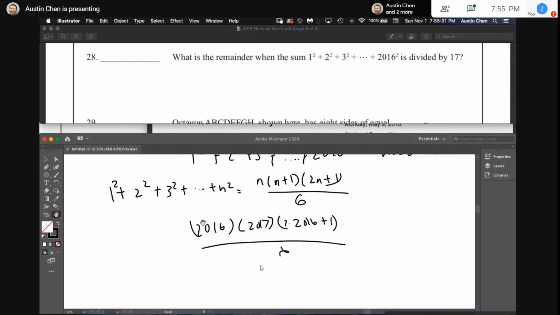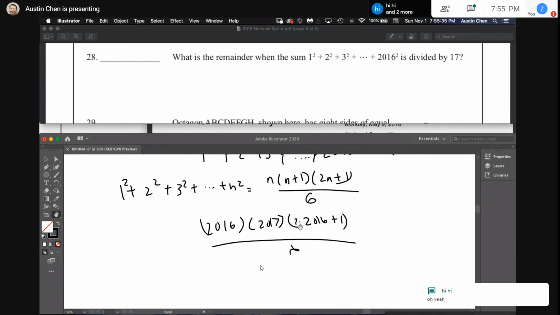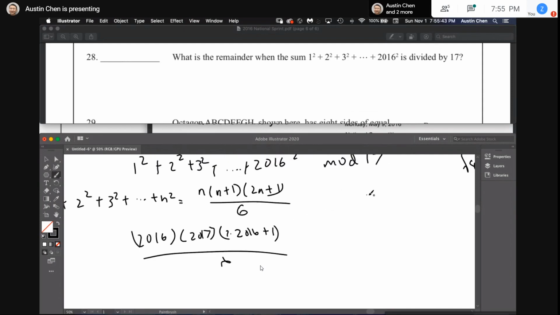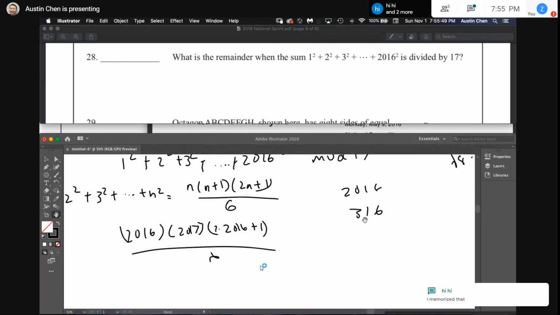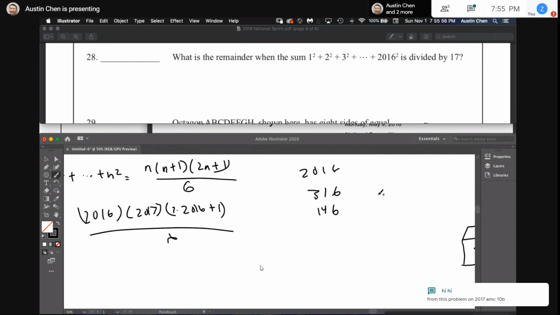If we just find what 2016 mod 17 is, then we can put that into there. That saves you a little bit of arithmetic. Okay, so 2016 mod 17: 2016 minus 17 times 118 is 10.